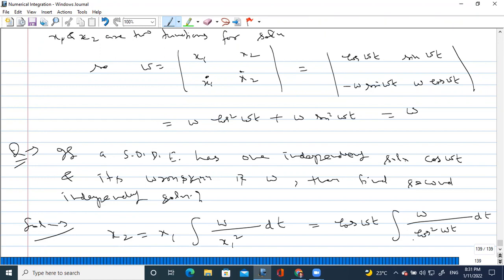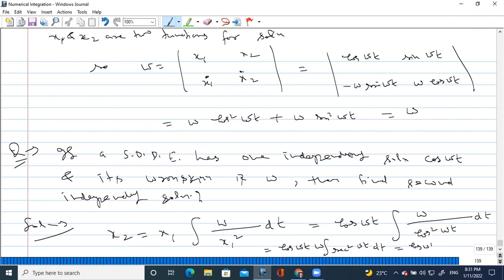So 1 by cos square omega t is sec square omega t. So it will become cos omega t integral, omega is constant so it can come out, and only t is the variable. So it will become integral of sec square omega t dt, which is tan omega t by omega.